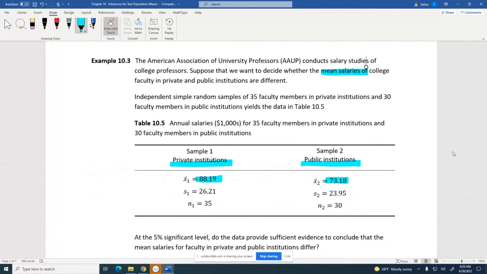But what is the claim? Definitely, numerically it is bigger than this one, right? But we want to test if it is really, statistically, larger than the other, right? So that is the question. That is the claim, right?